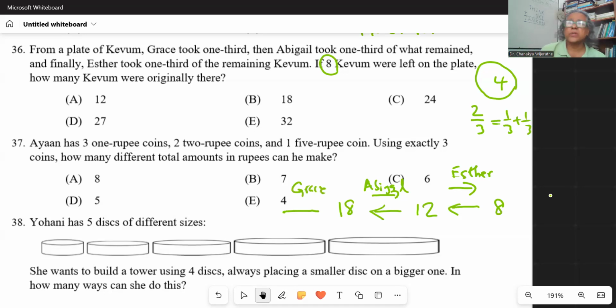That 2/3 left, right? And then to find the 1/3, we divide by 2, and then we multiply by 3. When you divide 18 by 2, it is 9. So 9 times 3 is 27. So there were 27 at the beginning, before Grace took 1/3. 27.